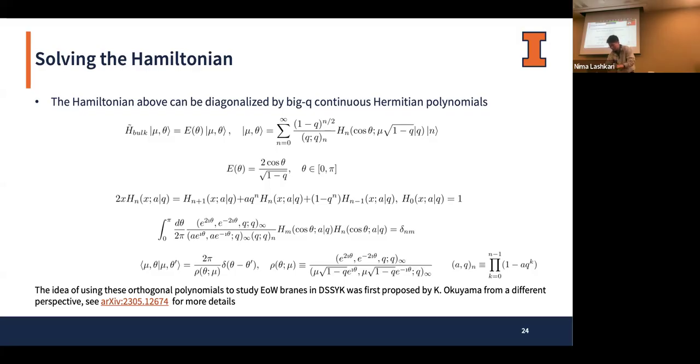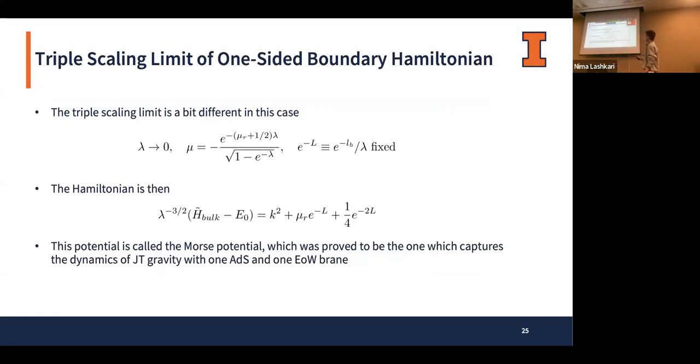What they did is say there's a family of deformations of the Q Hermite polynomials, and by taking a continuum limit, it looks a little bit like end of the world branes. The triple scaling limit is a bit different in this case, but it's basically the same.